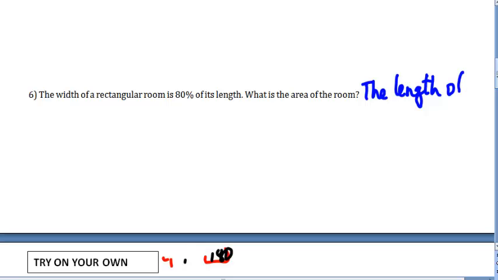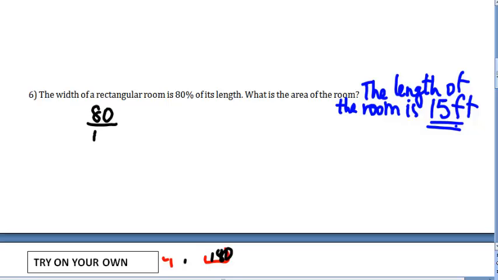It says the length of the room is 15 feet. You have to have this piece of information. Okay, let's figure it out. 80% of its length, so that's my percent fraction, 80 over 100. The length is the whole because 80 is the part of it, so I have the 15 in the denominator, and I'm going to figure this out just like before.